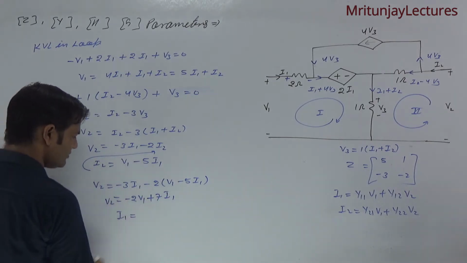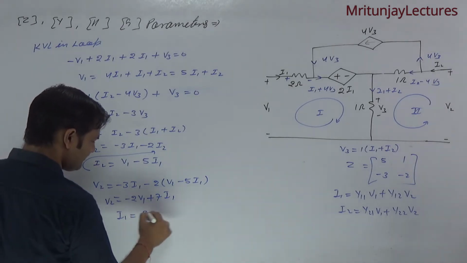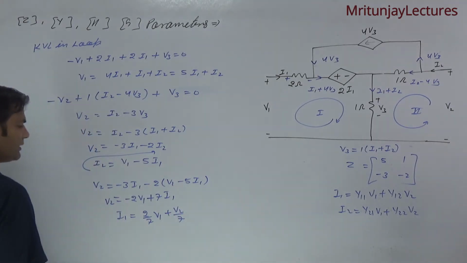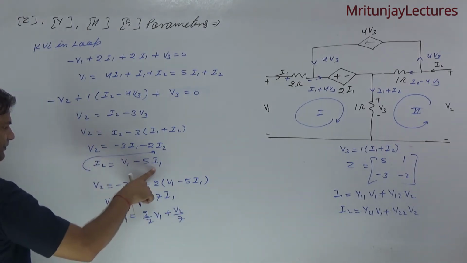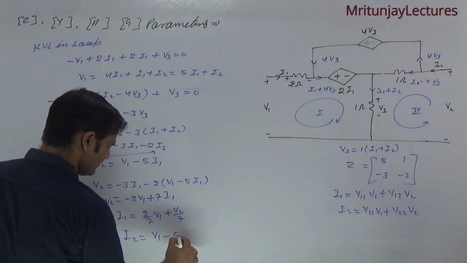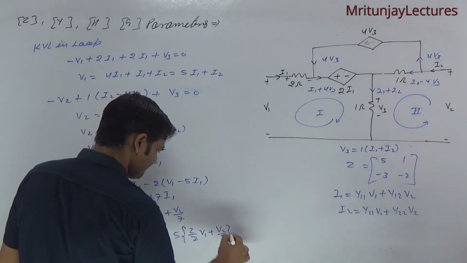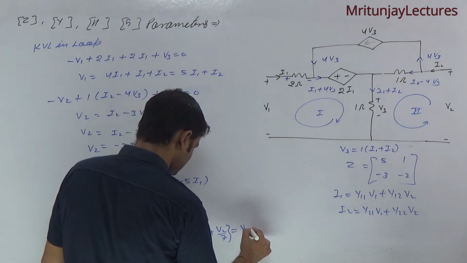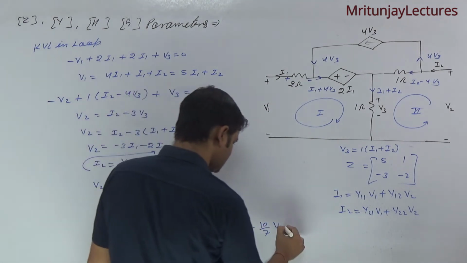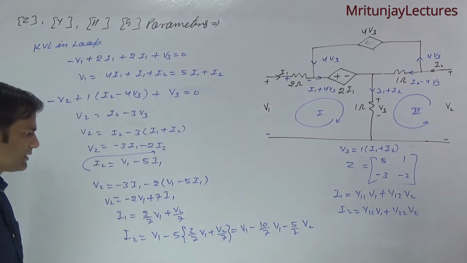So I1 will be equal to 2 by 7 V1 plus V2 by 7. Okay, now if this value is put here, then what about I2? I2 will be equal to V1 minus 5 into (2 by 7 V1 plus V2 by 7). So finally V1 minus 10 by 7 V1 minus 5 by 7 V2.